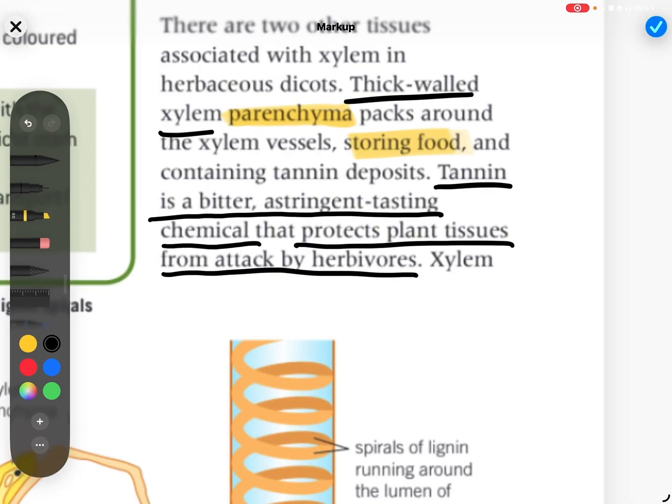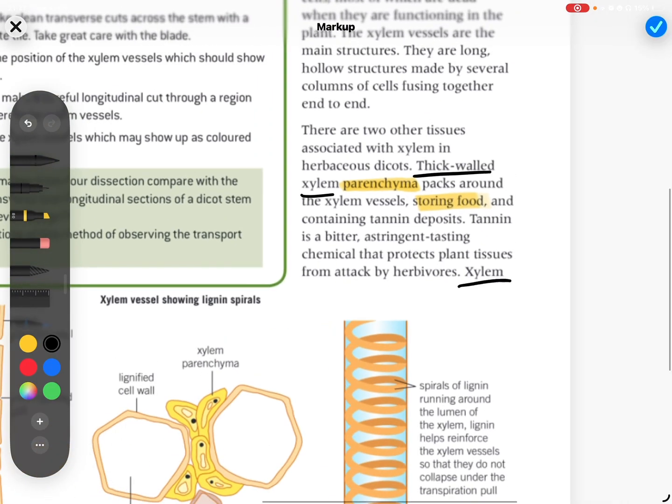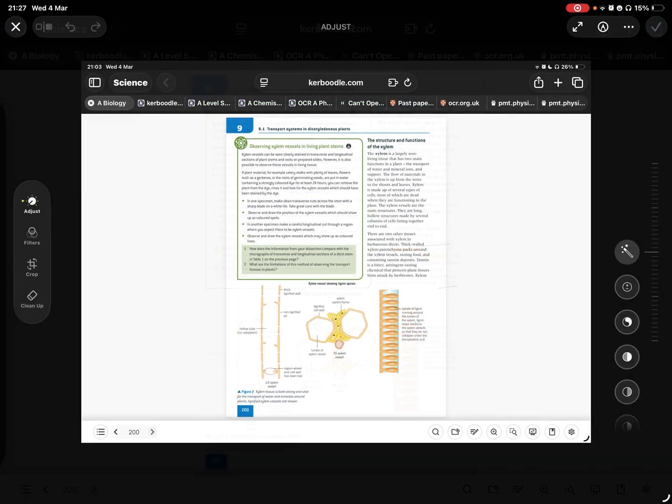And it protects the plant from being eaten. We've also been told that it tastes bitter. Basically, it tastes awful. Therefore, a herbivore will not eat the plant because it tastes awful. That's tannin. Good job. Write that down. Right. Next bit. Xylem. And then we have to go to the next page.